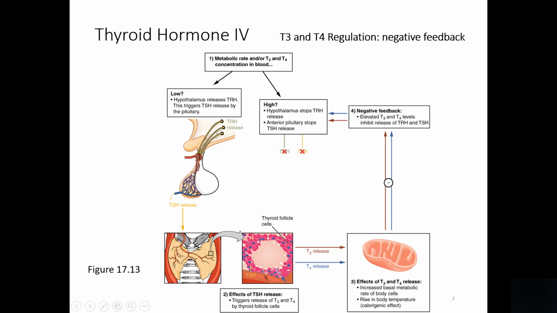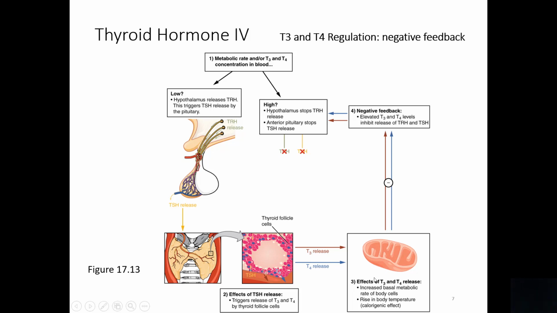TRH goes to the anterior pituitary, and the pituitary releases TSH, thyroid stimulating hormone, which through the blood travels to the thyroid gland and stimulates it inside of its colloids to produce T3 and T4.